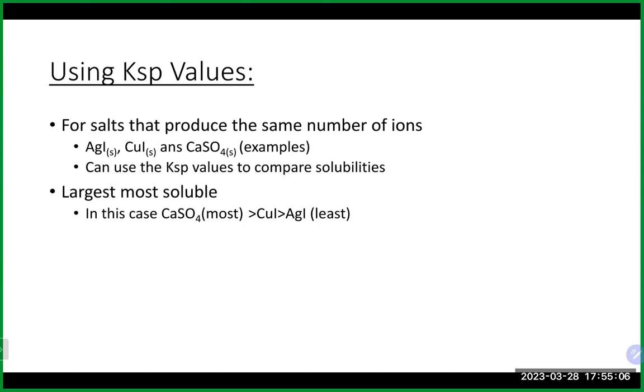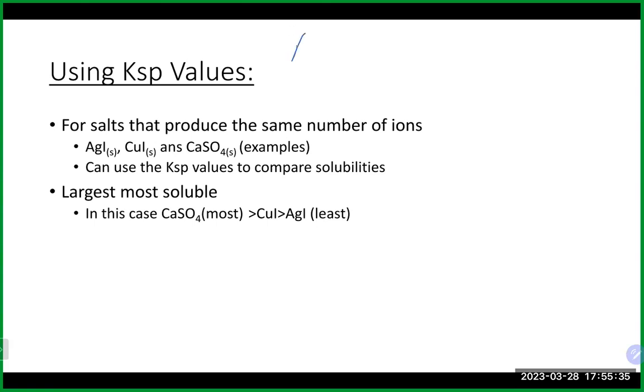If you have salts that you're comparing and you're trying to figure out which one would be more soluble than another salt, you can directly use the Ksp values only if all the salts break apart into the same number of ions. If they do, you could directly use the Ksp value that you would find in the table, and you can make a good prediction as to which one would be more soluble.